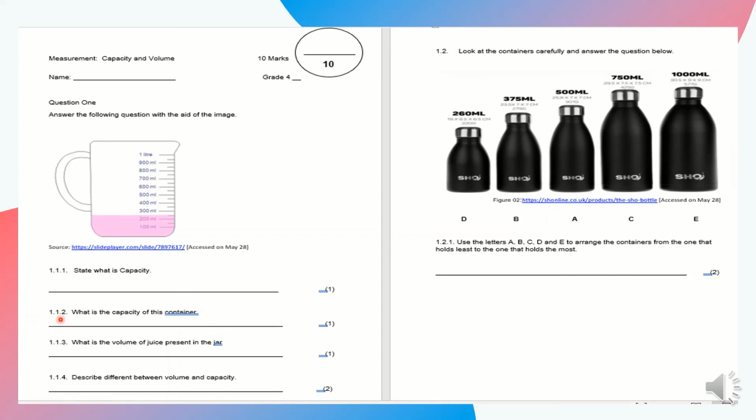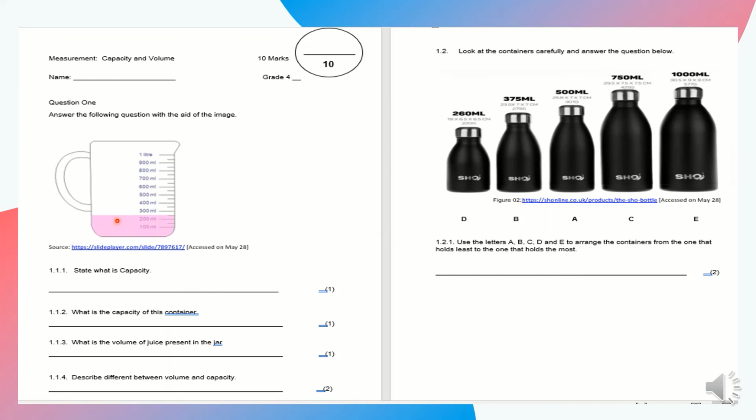This is application. This is where you are asking the child to estimate according to CAPS. This is estimating and measuring. Now, if a child just looks at the jar and it had no numbers, that's estimating. But since now it has numbers, now it's measuring because they know exactly what they're looking at.